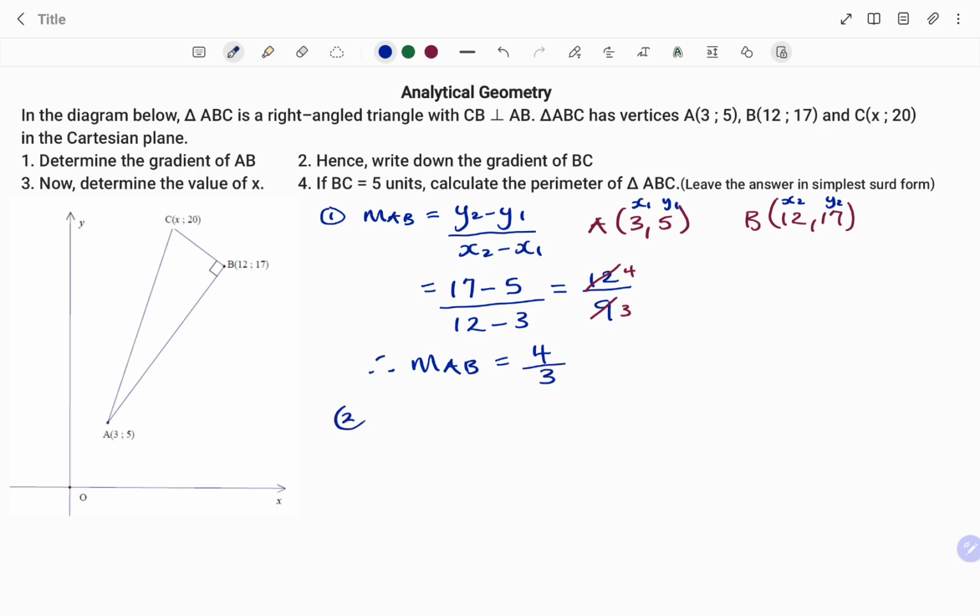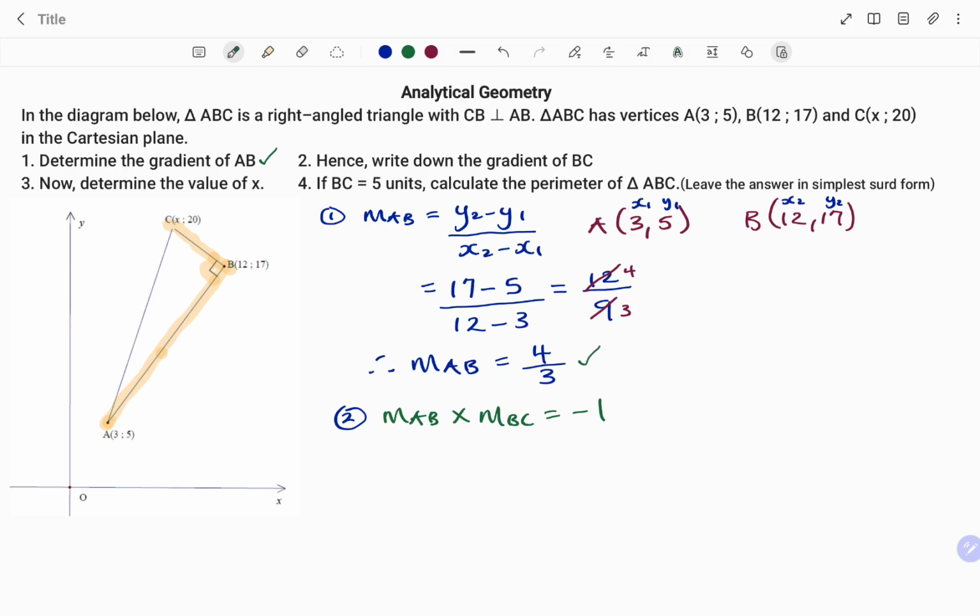The second part of the question says write down the gradient of the line BC. If I go back to the diagram, I have line AB as shown, and I have the line BC. You can see that they form a right angle. So the gradient of the line AB multiplied by the gradient of the line BC will give us -1, because the gradients of two perpendicular lines multiplied together give you -1.